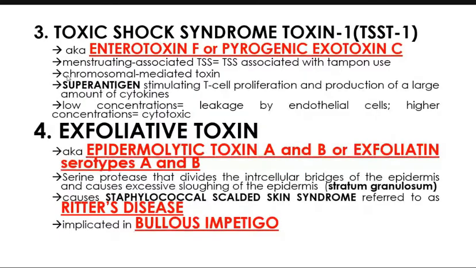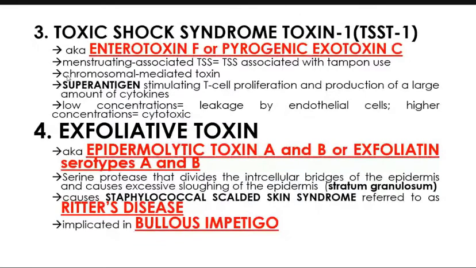Now, for the toxic shock syndrome, toxin 1 or your TSST-1, it used to be called your enterotoxin F, pero ngayon tawag na sa kanya ay pyrogenic exotoxin C. Ang ating TSST-1 is associated with menstruation-associated TSS. Usually kasi ito na ano nila sa tampon use.